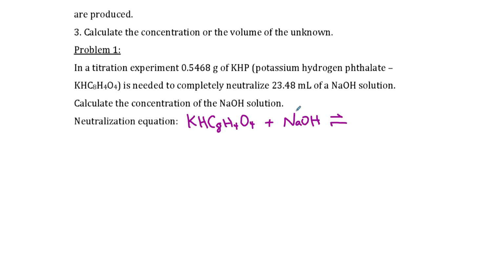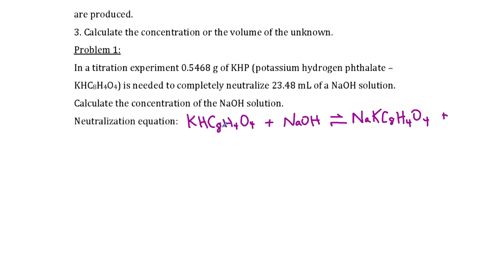Our positive ion from the base is going to get together with the negative ion from the acid. So we're going to get this positive ion, and then remember the negative ion is KC8H4O4, everything except this hydrogen.